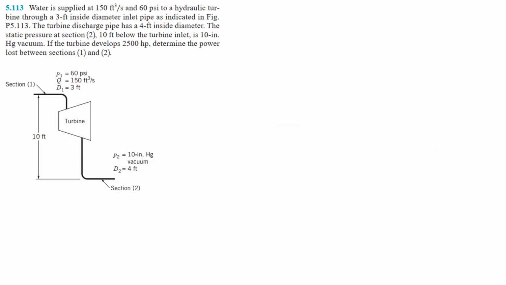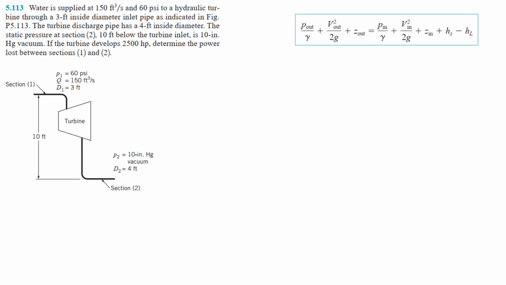So now we have a problem. In this case, water is supplied at 150 cubic feet per second. So this is our volumetric flow rate Q, which is already given.